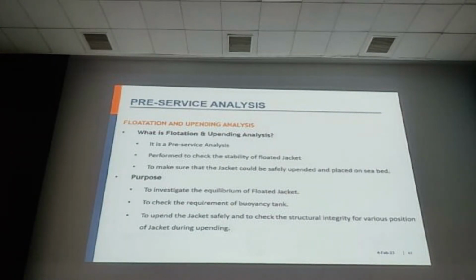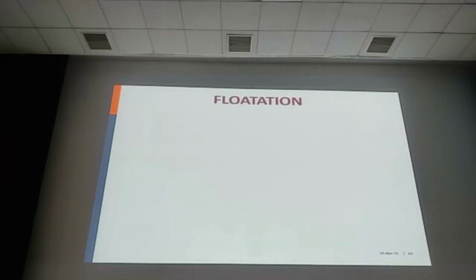Then flotation and upending. Why do we need flotation and upending? If it is a heavy jacket, then we can't lift it. We may need to launch it, and it has to float and come into a vertical position. So we have to upend it. Only then can we install the piles.